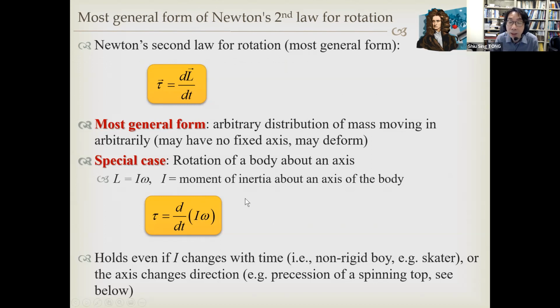Or even in situations where the angular momentum direction changes, for example, a spinning top. Now, I'm not going to talk about the spin torque because it will take too much time. But for that situation, this law also holds.